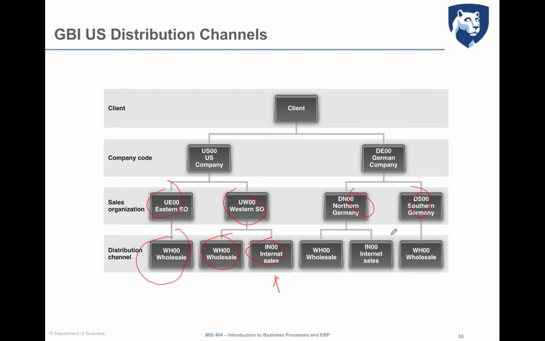Which is something similar to what happens in Germany, because in this case the Northern Germany sales organization can reach the North German market through wholesaler and online e-commerce, while the customer in the south of Germany can just acquire GBI product through wholesale. Of course, these are the same channels in different regions.